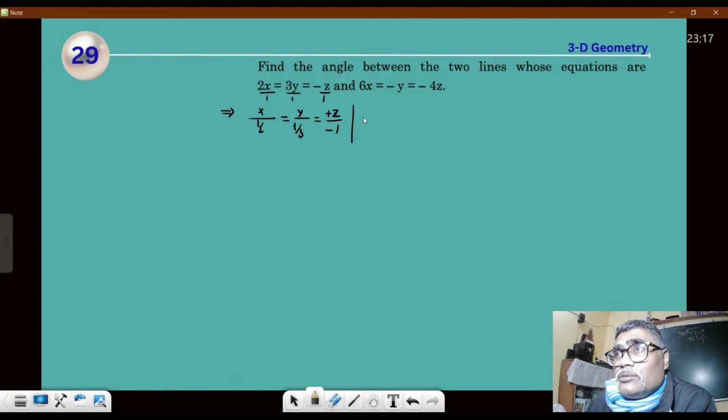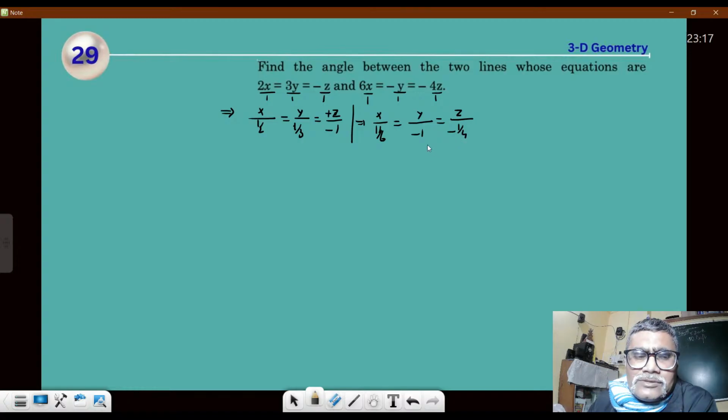So here it will be what? Below it is 1 only. So when you convert this, it is 1 by 6. Then it is y by minus 1. Then it is z by minus 1 by 4. So I think it is not wise to keep them as fractions. So you multiply by the common LCM.